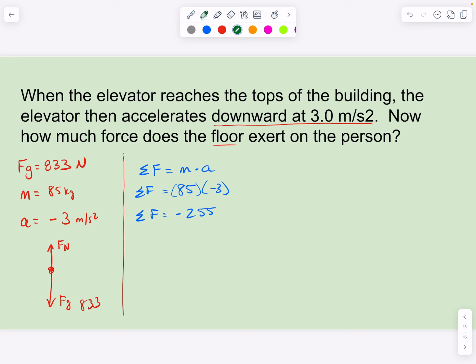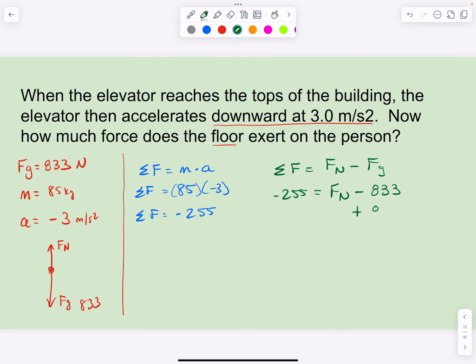So we go to our next equation, and we say that the net force is equal to Fn minus Fg. So we have negative 255 is equal to our normal force, which we don't know, minus our negative 833.